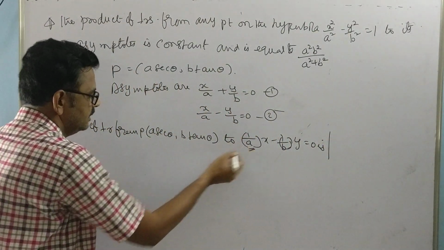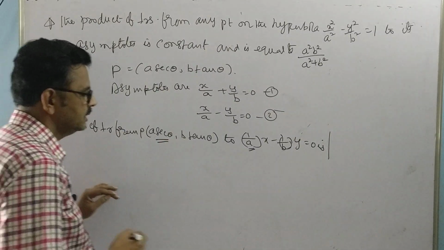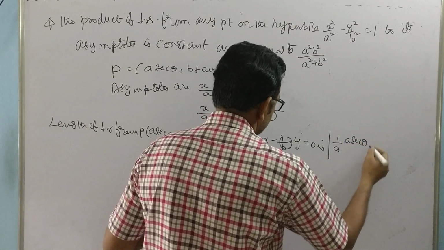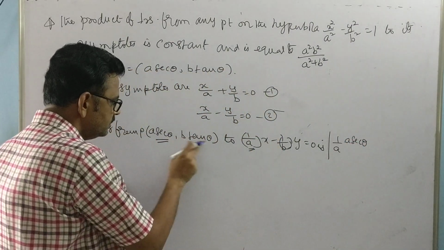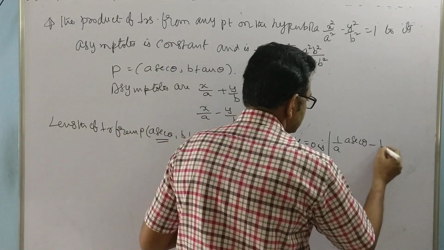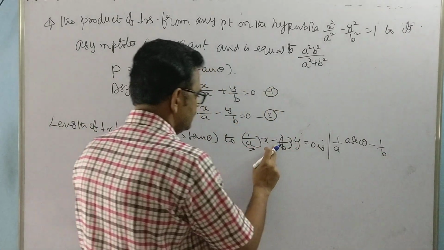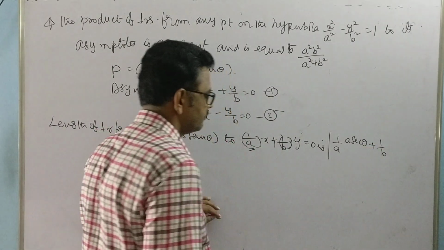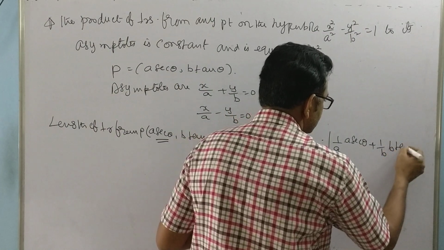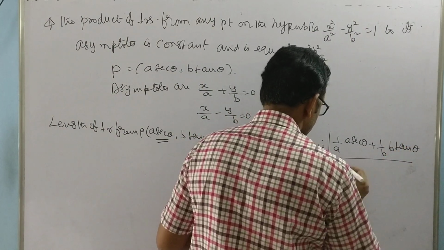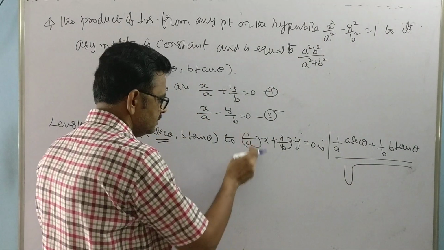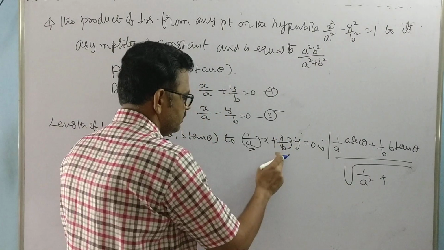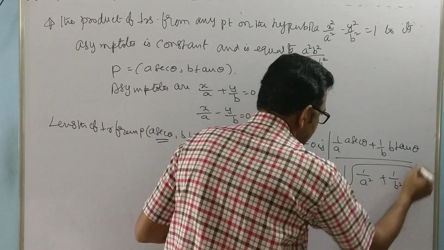So this is a, x1 is a secant theta, so it is (1 by a) into a secant theta plus (1 by b) into b tan theta, by root of (1 by a) whole square plus (1 by b) square.